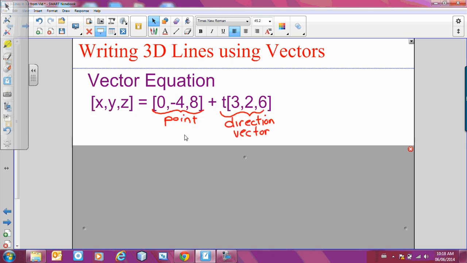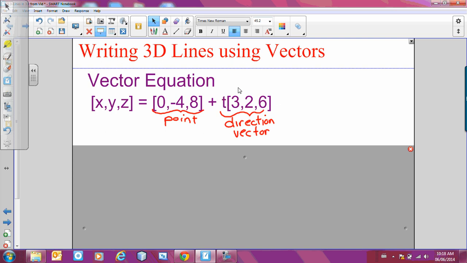And so obviously in this case, this is the vector to a specific point on the line. This is a direction vector. We want to recognize that it just happens that this is the point I know. Of course, my vector equation for this exact same line could have a different point here. I could use a different direction vector, -3, -2, 6, or 6, 4, 12.